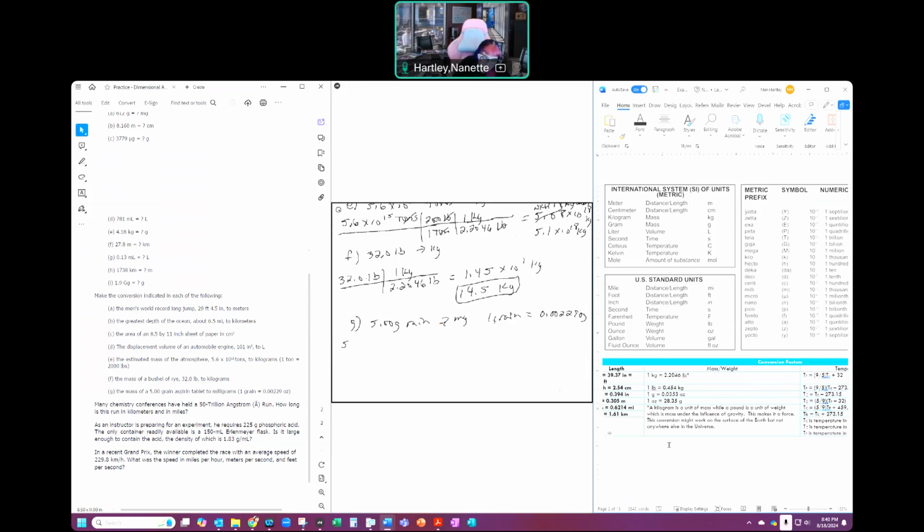I start with 5.000 grain. And they gave me a conversion factor that says that 1 grain is 0.00229 ounces. Didn't really do anything for me yet, but I'm out of grains and into ounces. I used all the information that they gave me, so I'll at least get some partial credit.